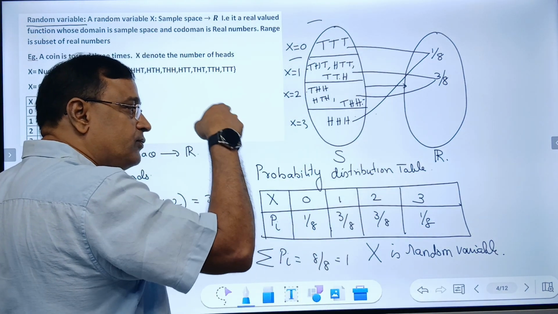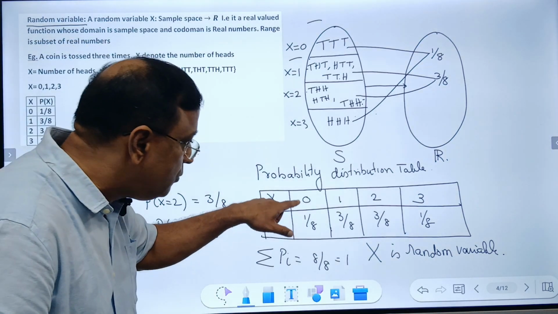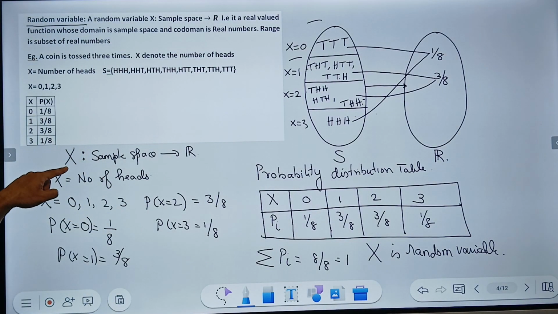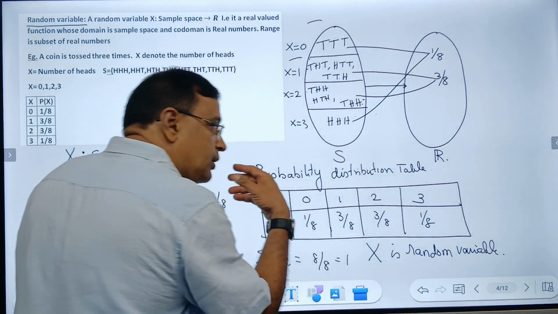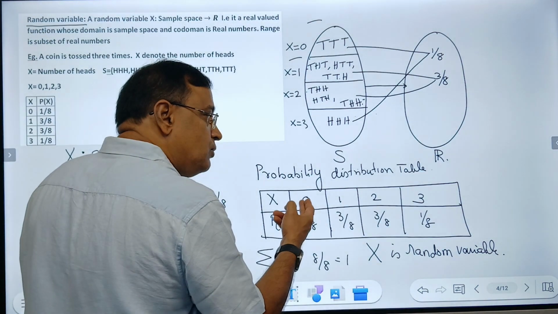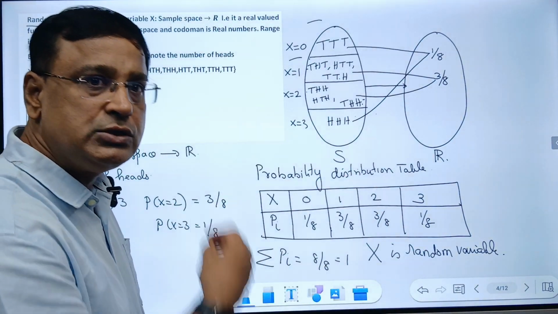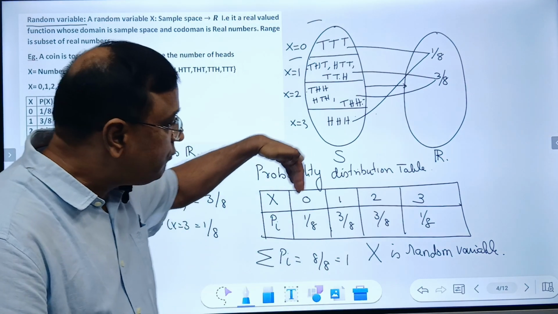So for such a distribution, if you are able to count like that, then I will say my random variable x is discrete. Suppose I can't tell that after 0 it is 1, if I am not able to, after 0 it may be 0.1, 0.01, 0.001, I don't know what is the value after 0.